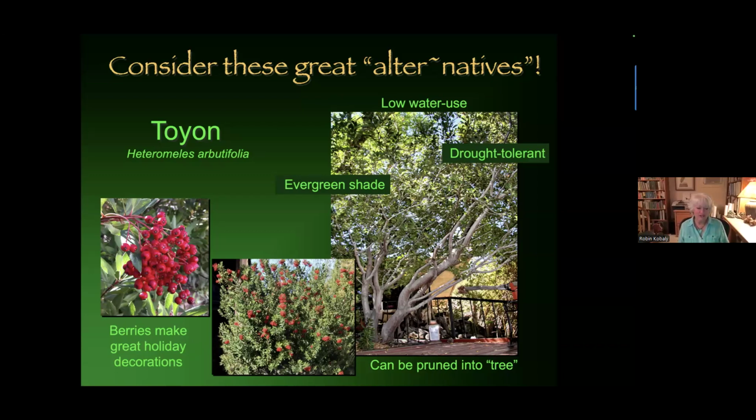So it's a great thing to feed the birds in your yard, because they love the berries as well. And you can cook the berries. I've made fruit leather out of it, or sauces. You can dry the berries and grind them up and use them as a spice. You can make a pie out of it.